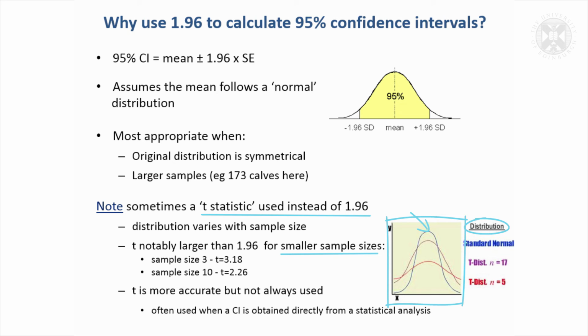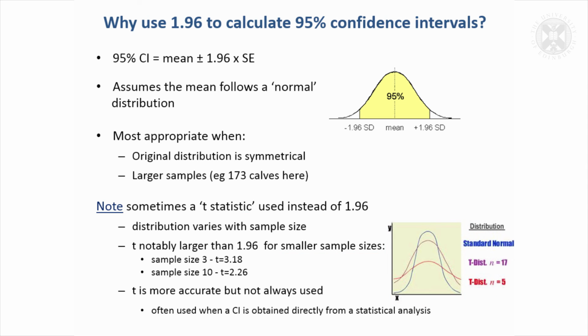With the purple one we've got an n of 17, and then the red one an n of 5, and it's showing the expected distribution for smaller sample sizes, which is called a t-distribution. And there are a set of values relating to t-distributions which would be substituted instead of 1.96.